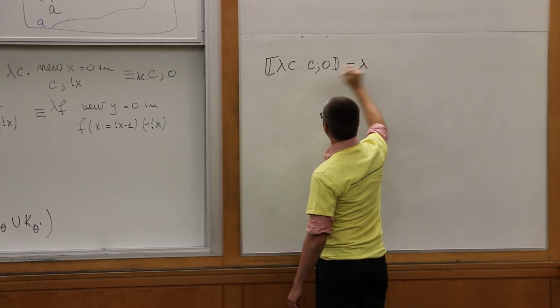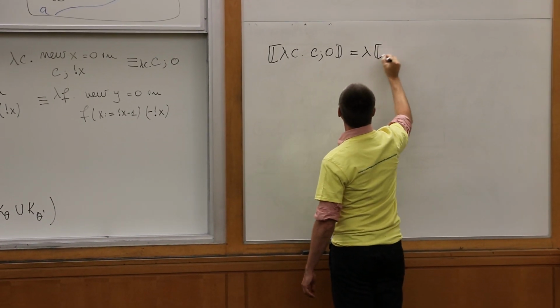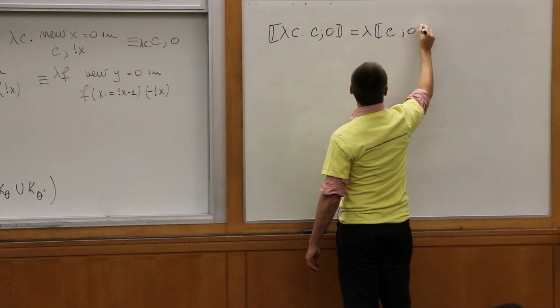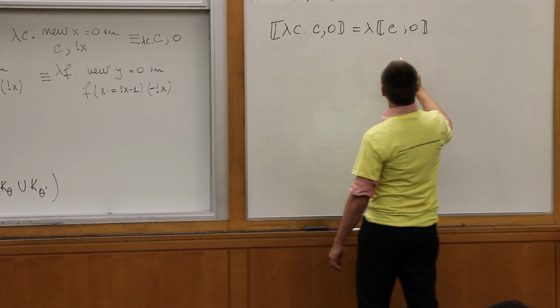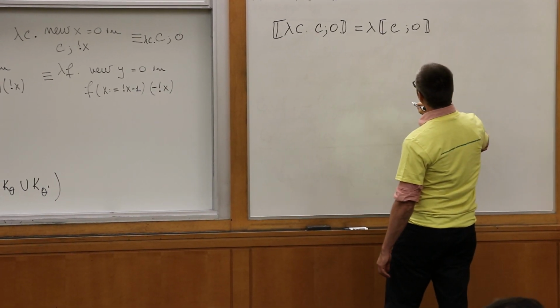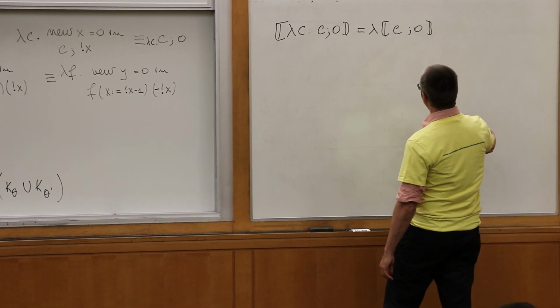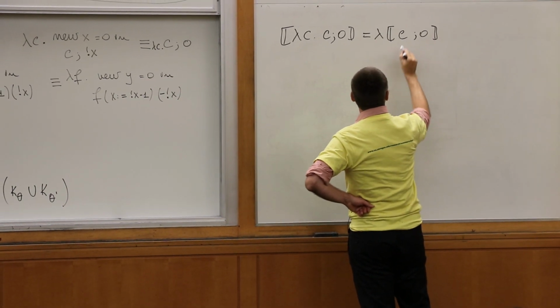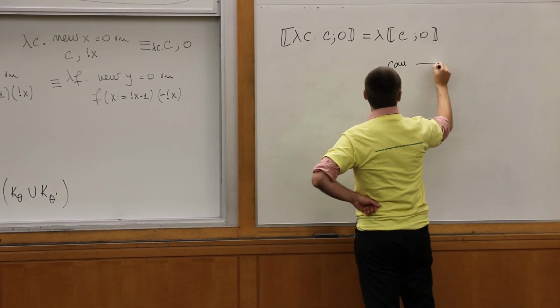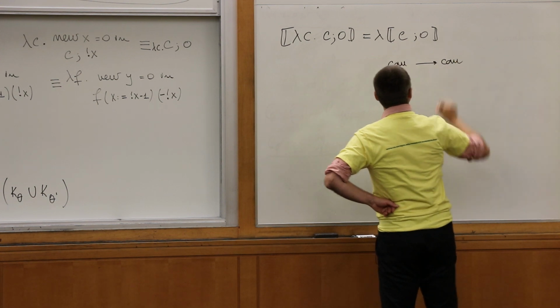Well, we know first that this is just the transposition of C composed with 0. What is C composed with 0? Well, it's going to go from a command to another command.